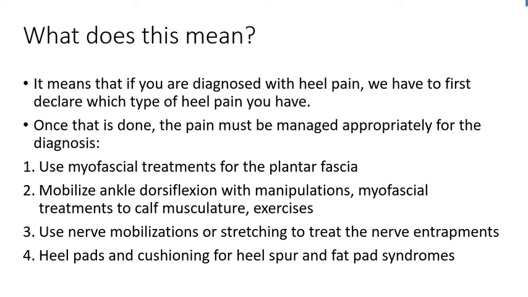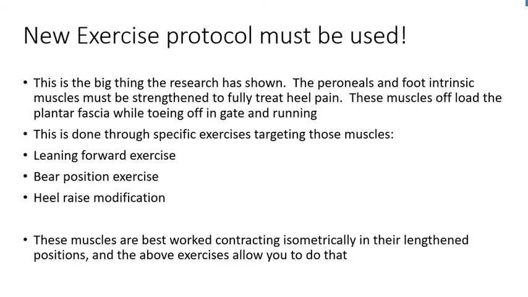A simple one, you can go to a sporting goods store and buy a $15, $20 heel cushion, and that can really make a big difference for those particular diagnoses. And that's why it's so important to get the right diagnosis for heel pain. Not everything is plantar fasciitis, and if you don't do the right things, you won't get these people better fast.